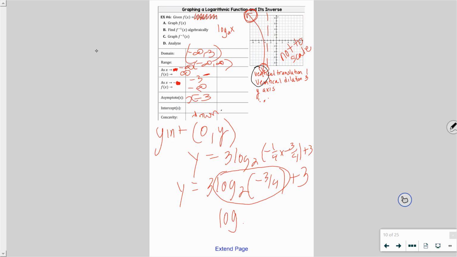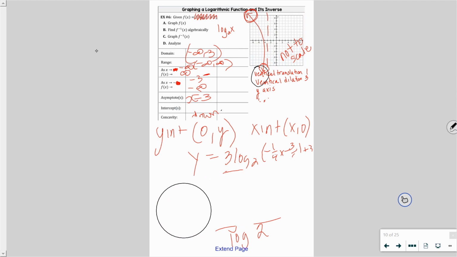It doesn't have to be 10, it can be any base, but 10 works because that's what my calculator uses. So log of the argument over log of the base. If you don't have that log base in your calculator, that is called change of base, so that's a property you're using in tonight's homework.